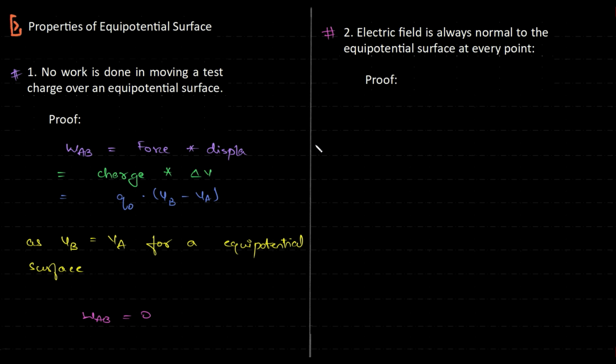Now, the electrical field is normal to the equipotential surface at every point. What it means is, say we have a plane. Of course, it can be curved also. So what we're trying to tell over here is, if I take an electrical field, it will be perpendicular to this. Say it's not perpendicular, something like this.